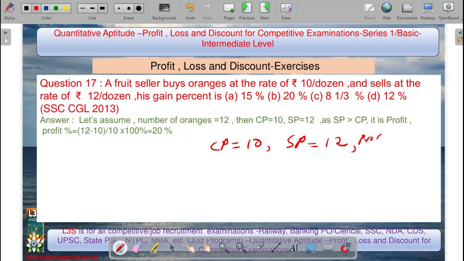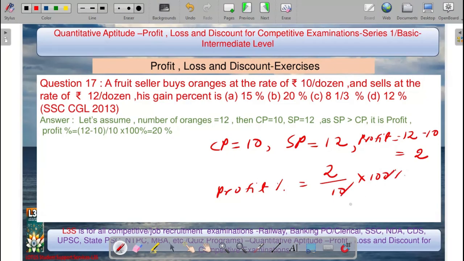Profit is 12 minus 10, this is 2. So gain percent will be 2 by CP, which is 10, into 100%. So 10 you cancel, 2 into 10, 20. So 20% will be the gain percentage. So option B is the correct option here.